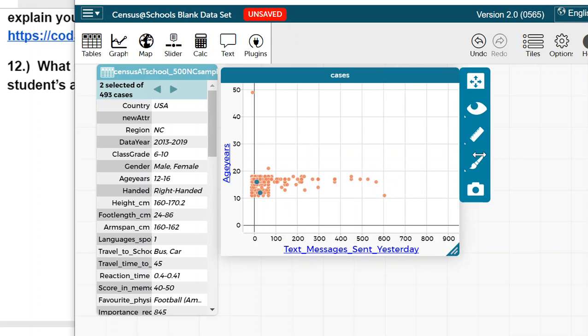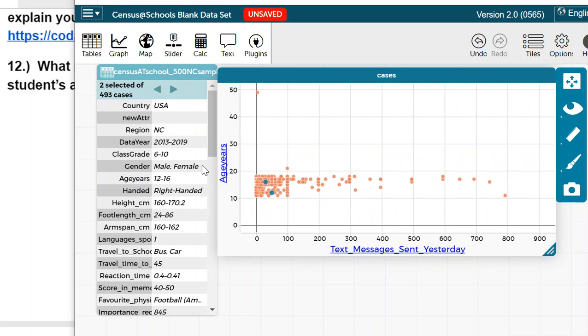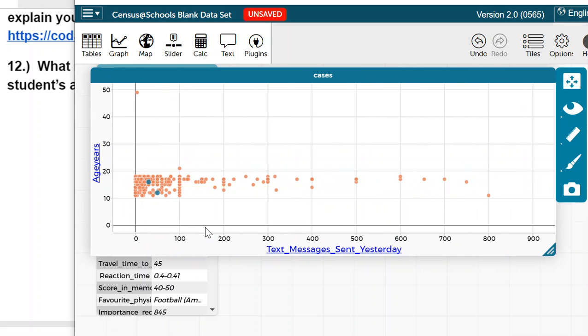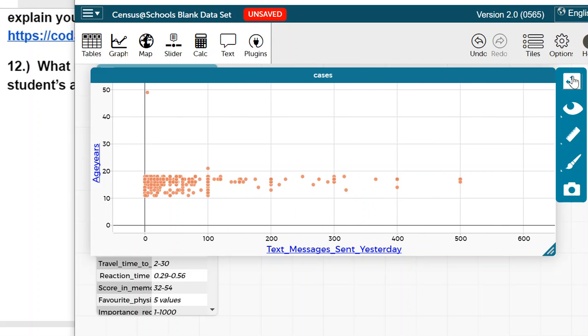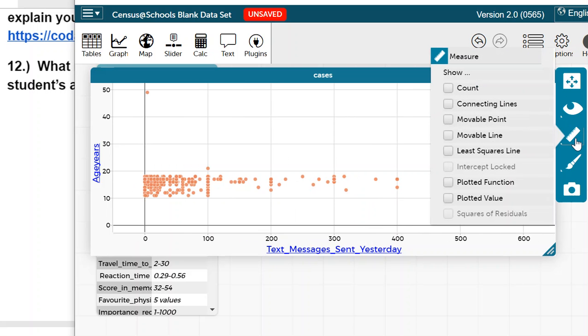Let's stretch this out this way a bit. And I seem to recall that we had knocked out those. Let's see what count does. Count doesn't do anything.